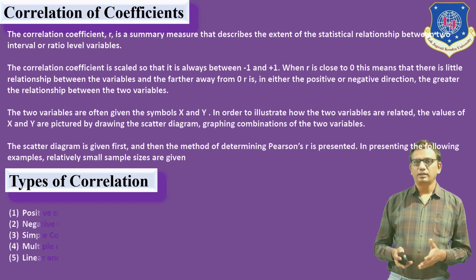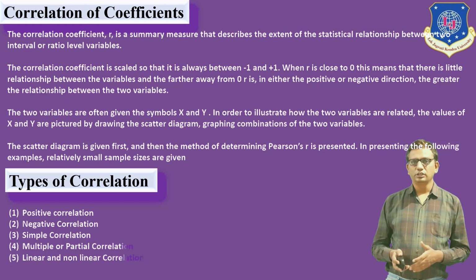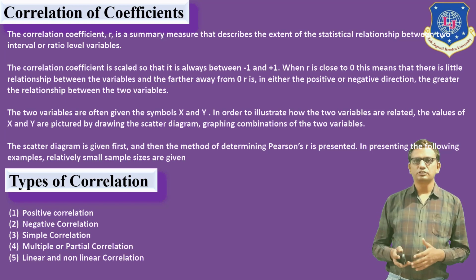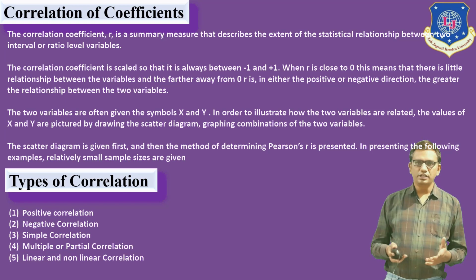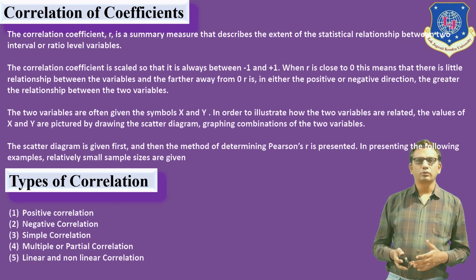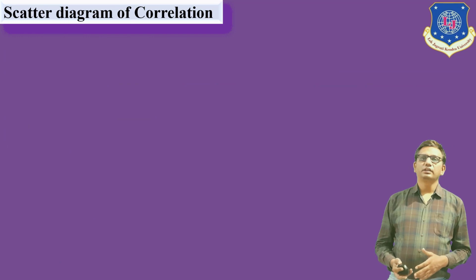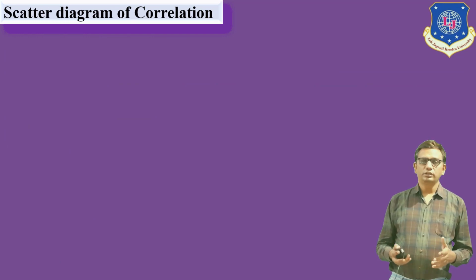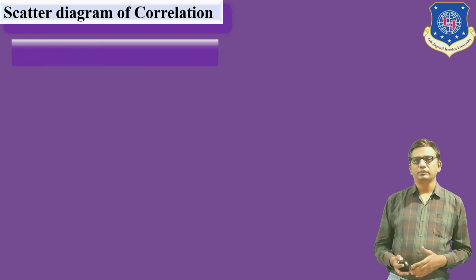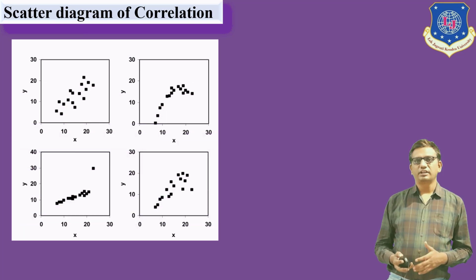it can be understood by different types of correlation: positive correlation, negative correlation, simple correlation, multiple or partial correlation, and linear or non-linear correlation. Here we can understand the correlation by a scatter diagram.